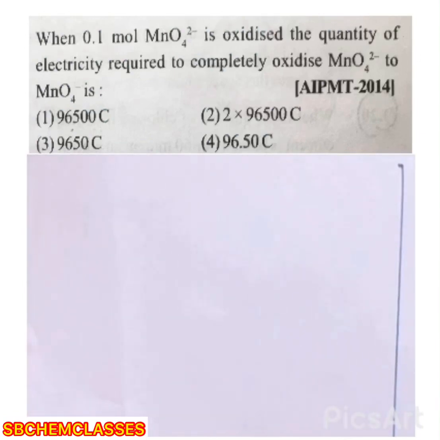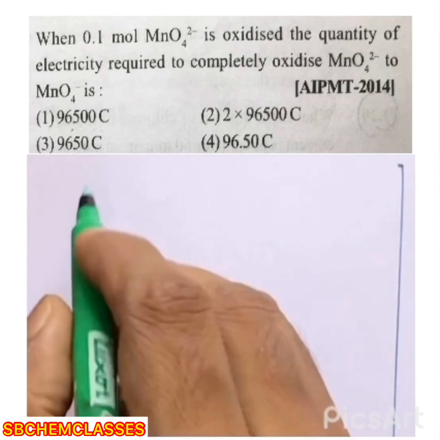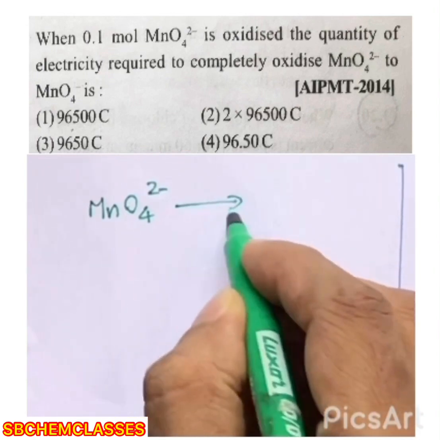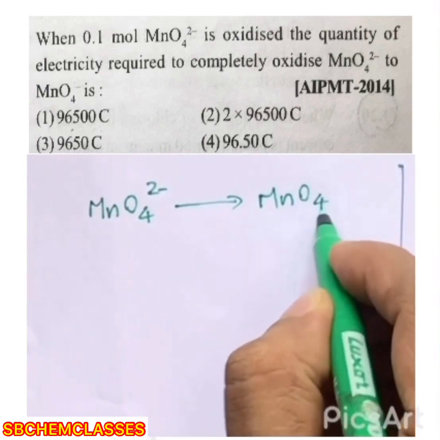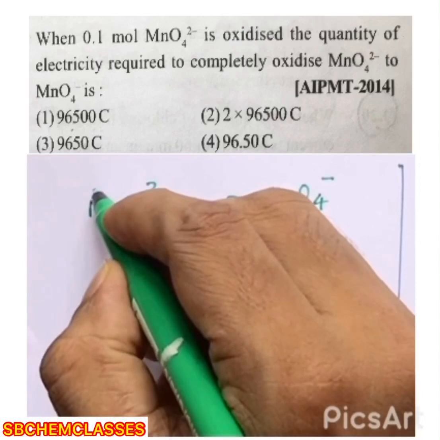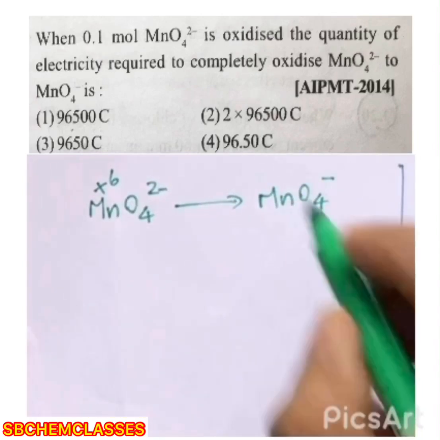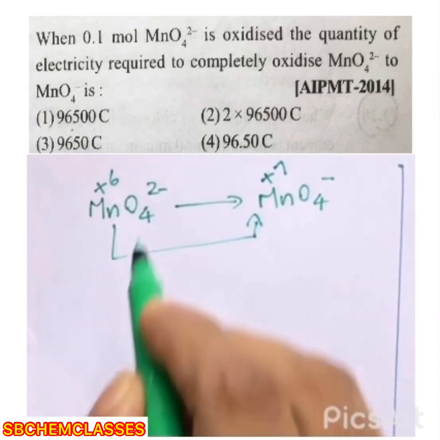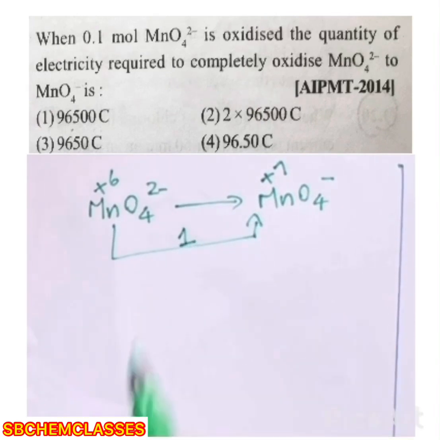When 0.1 mole MnO4 2- is oxidized, what is the quantity of electricity required to completely oxidize MnO4 2- to MnO4-? Here Mn has oxidation state +6, and here Mn has oxidation state +7. So the oxidation number changes by 1.